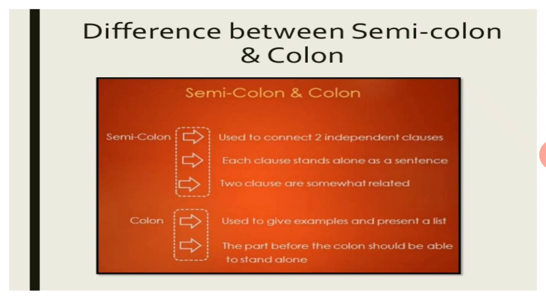The semicolon connects two independent clauses. Each clause stands alone as a sentence. The two clauses are only somewhat related. The colon is used to give some examples and present a list. The part before the colon should be able to stand alone.